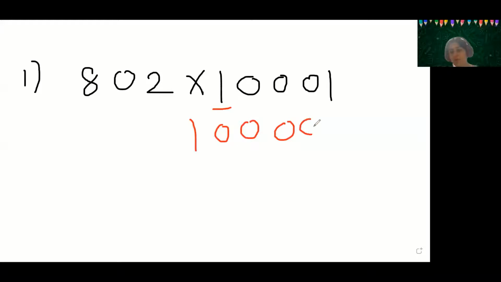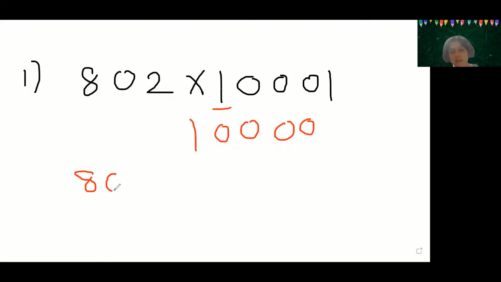Now, any one of you can write the answer in the chat box. What will be the answer? 0802 is the correct answer.